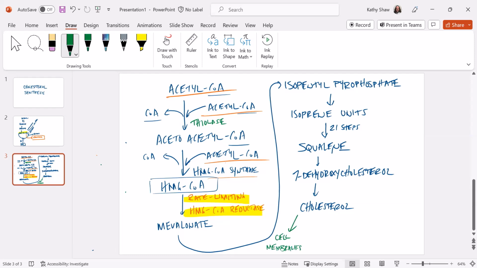Another thing that we can do with our cholesterol is cholesterol plays a big part in making steroid hormones.